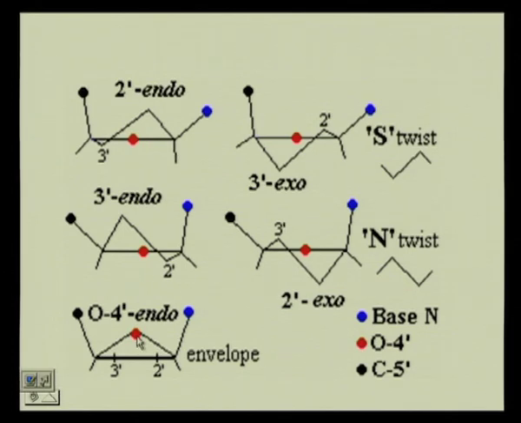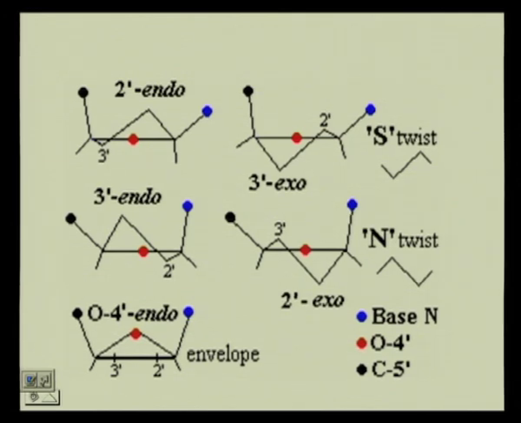Is that clear? Okay. So, the endo configuration is when you have some carbon atom or the oxygen atom pushed to a position, or puckered to a position, that is in the same direction as the base attachment and the phosphate attachment.